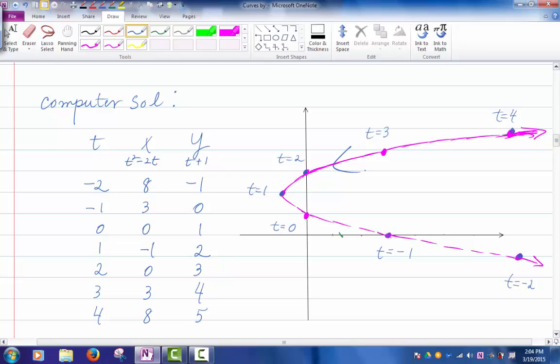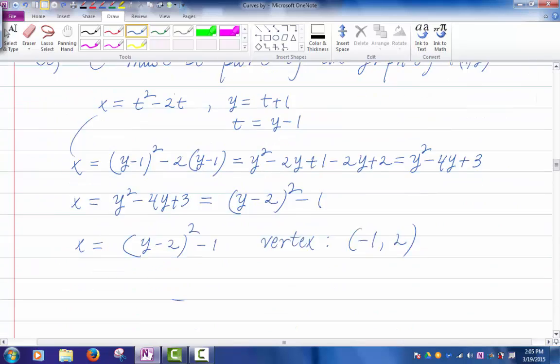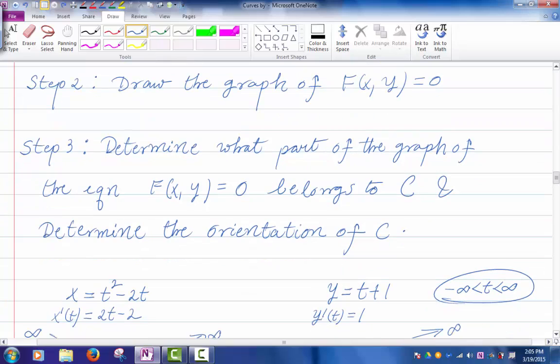How is it traced? If you think of it as the trace of a moving object, how is the object moving? Is it moving from below, going up and left and then up and right, or is it the opposite way? We are going to take help from Calc 1 to do that.